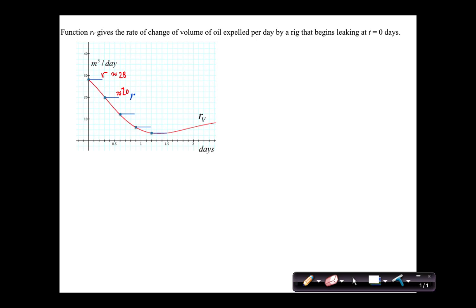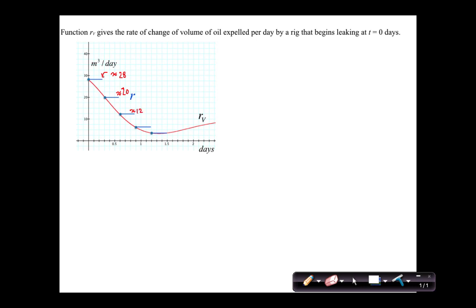So that's 28 cubic meters per day for the first 0.3 days, and then 20, and then if you look across, 1 mark up from 10, so I'm just going to pick whole numbers, maybe about 12, it's probably 12.5 or something.